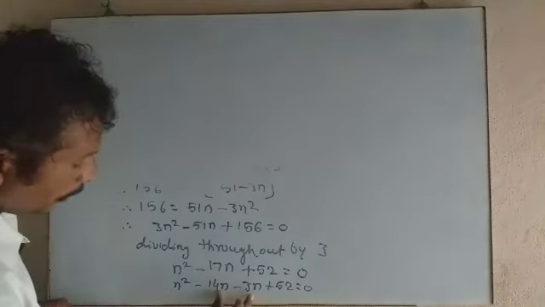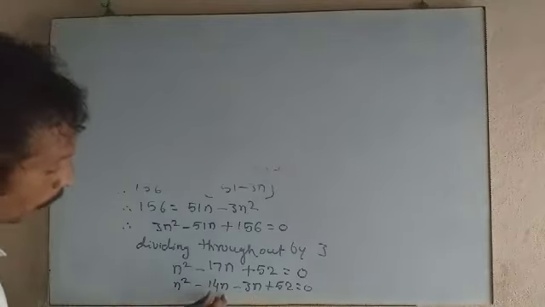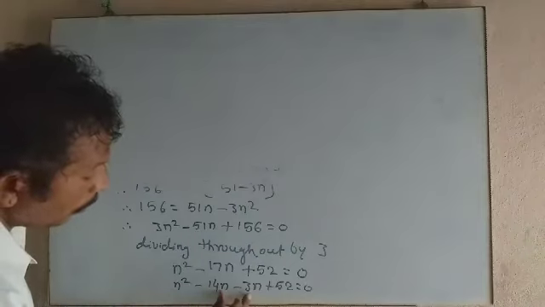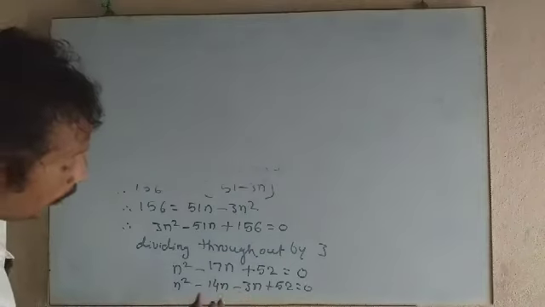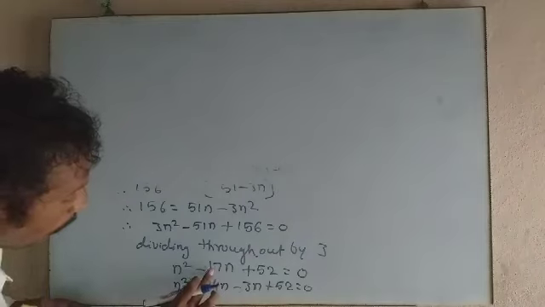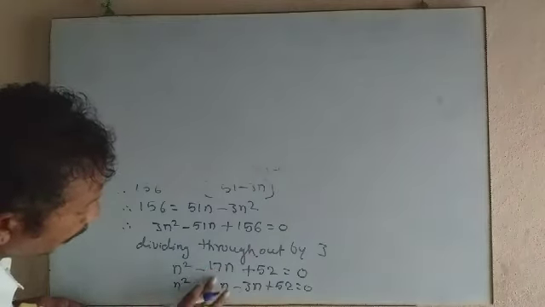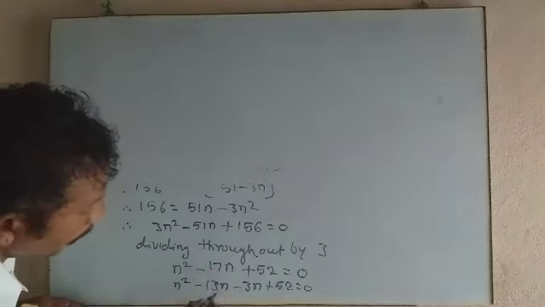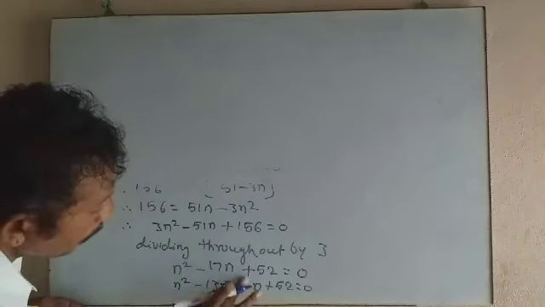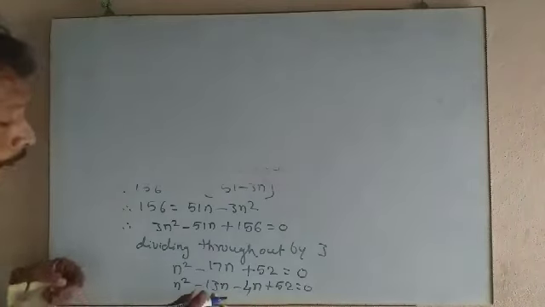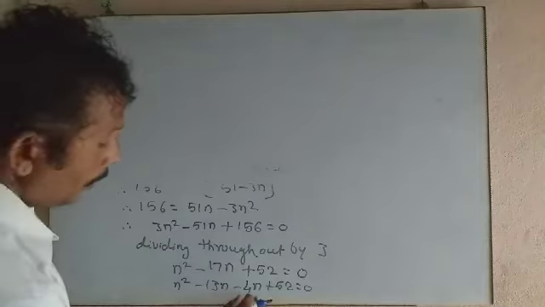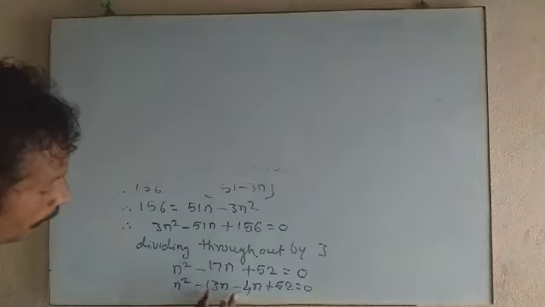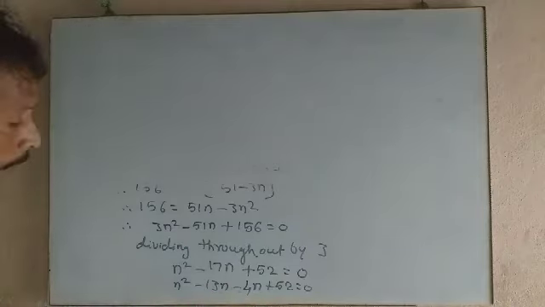Students, here the factorization is wrong. 14 3s are 42. Now this is 13 4s are 52. Minus 17n can be written as minus 13n minus 4n. Their sum is once again minus 17.